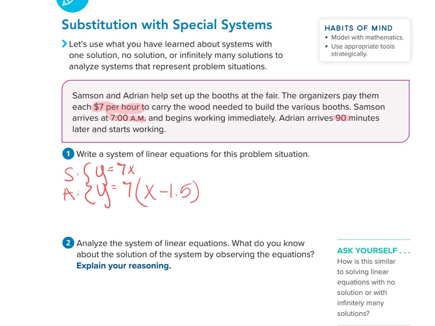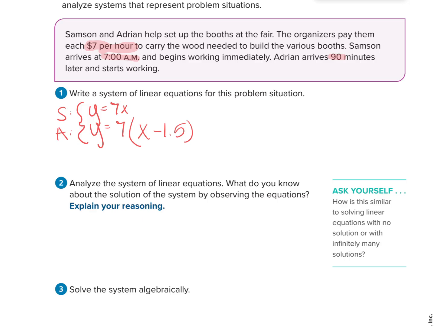So if we were to analyze just based off observation, if we look at both of these equations, if we were to distribute this one out, we would have 7x as our slope. So we can see that our slopes are going to be the same. We also know that because this one has a y-intercept of negative 1.5 and this one's y-intercept is 0, they're not going to be on the same line.